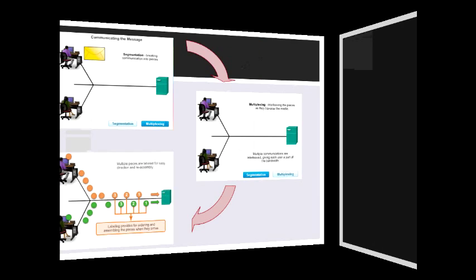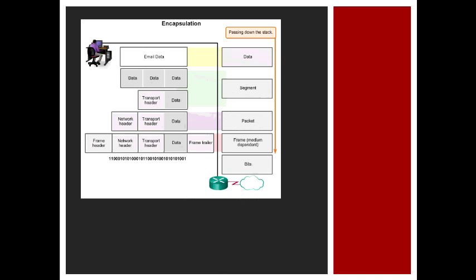As application data is passed down the protocol stack on its way to be transmitted across the network media, various protocols add information to it at each level. This is commonly known as the encapsulation process. The form that a piece of data takes at any layer is called a Protocol Data Unit (PDU).